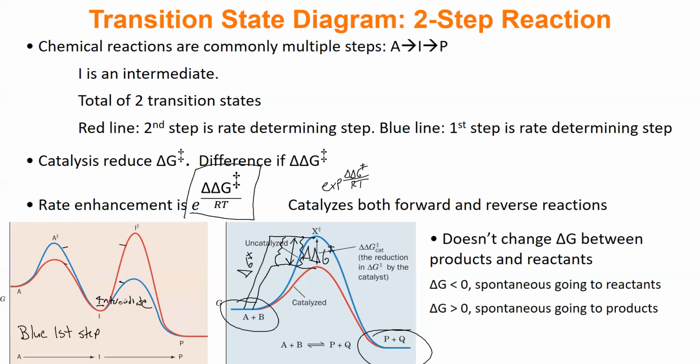In red, the second hill is highest. So in red, the second step is rate limiting, right? So whatever has a higher delta G double dagger will be your rate limiting step if you have a reaction that has multiple transition states.